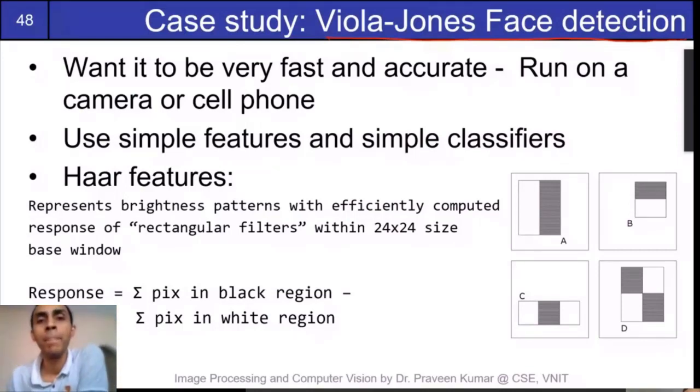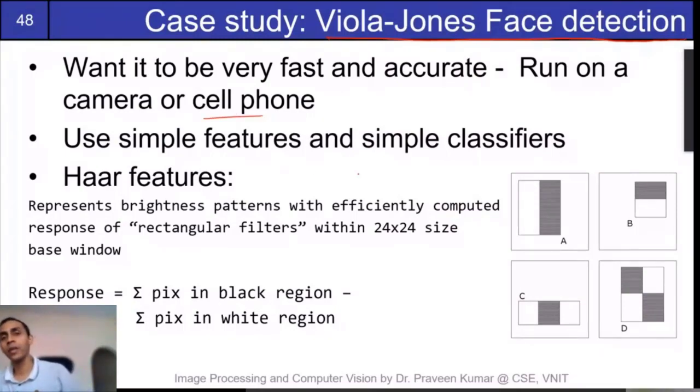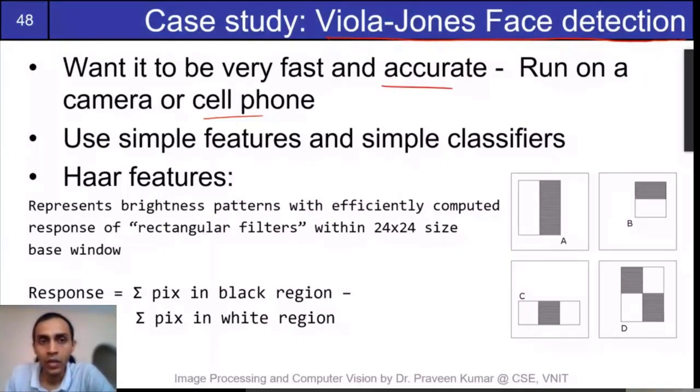Basically, the good thing at that time, they wanted a very fast method which could run on a camera or a cell phone or some kind of embedded device. So the method should not be very computationally expensive or memory expensive, and at the same time it should be very accurate.